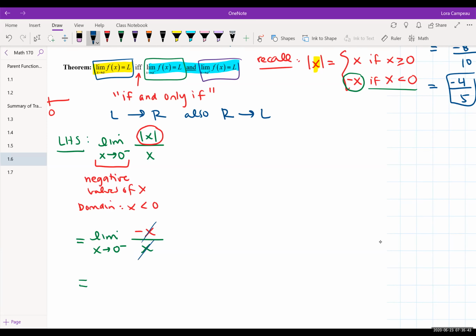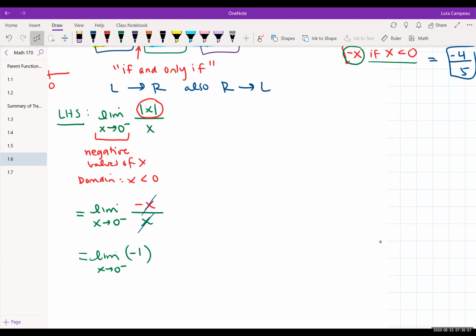And so you actually get the limit as x approaches 0 from the negative side of -1. And one of the properties of this section is if you're trying to take a limit of a constant, it doesn't matter what x is approaching, it's always going to be that same value. So we have -1 for the left-hand limit.